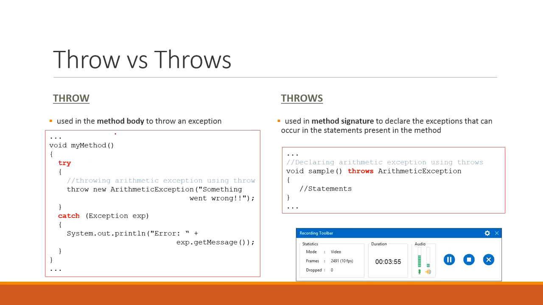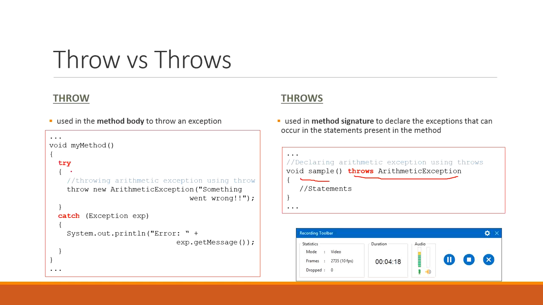If you see over here, throw is used in the method body to throw an exception, whereas throws is used with the method signature whenever we are declaring the method. In this method sample, we are using the throws keyword followed by the type of exception that can occur in my method.